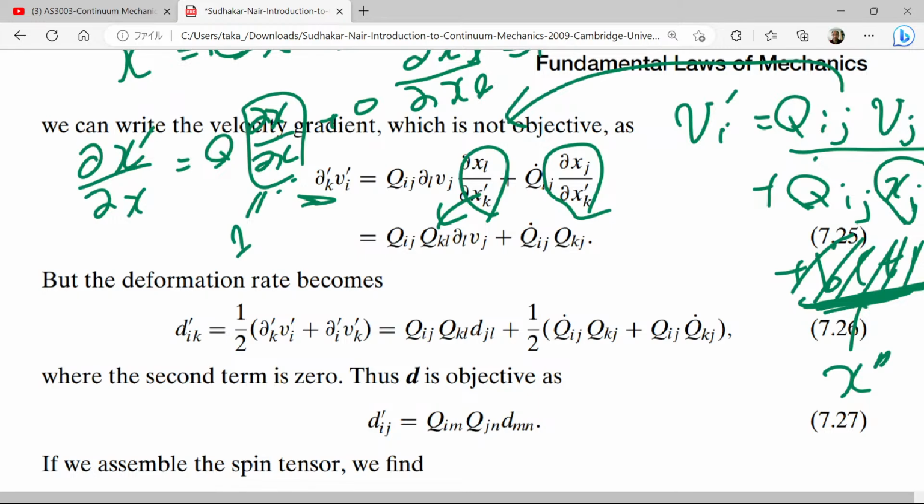But for the deformation rate, I'm sorry, I don't remember the exact definition of this deformation rate, but it seems like the average of partial k prime v_i prime plus partial i prime v_k prime. Here the index is swapped, the second term is ik.